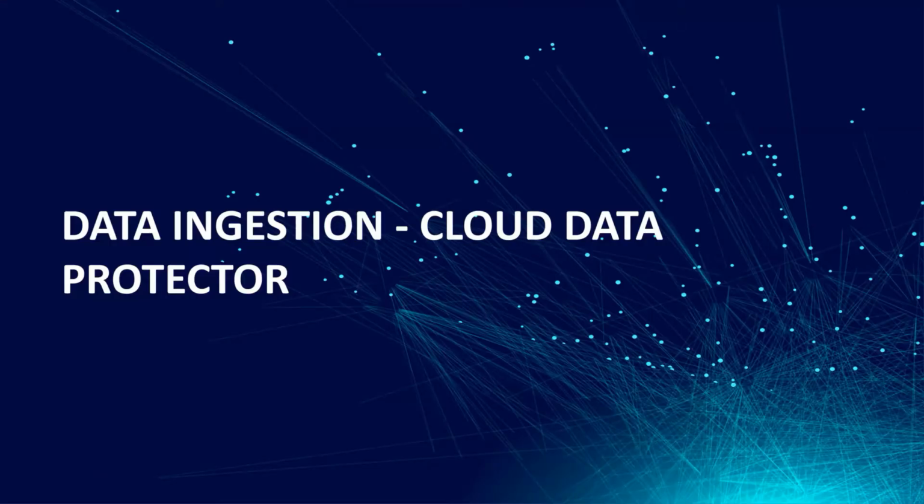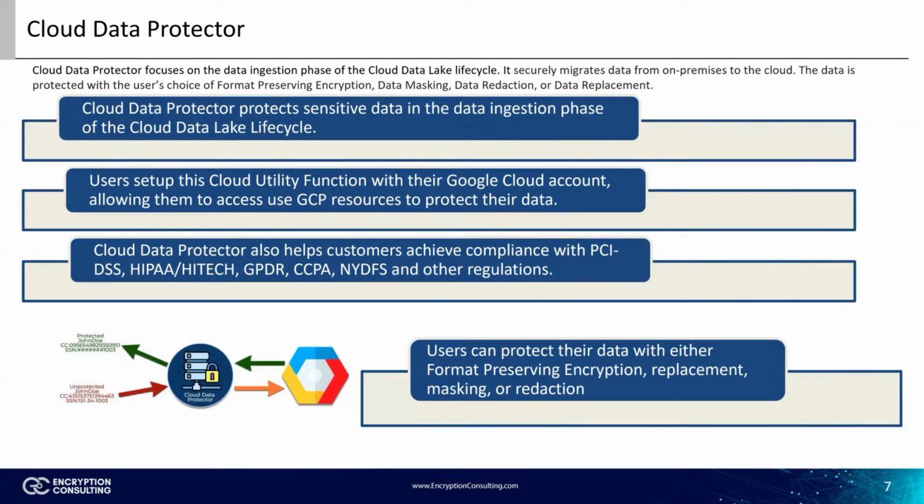The first function I will discuss is Cloud Data Protector, which works at the data ingestion phase. CDP focuses on data being migrated or stored in Google Cloud Platform. Users deploy this tool within their Google Cloud account via either their local machine CLI or the Google Cloud UI.